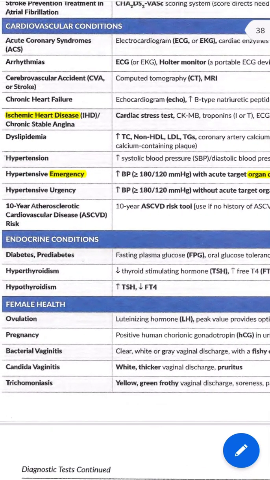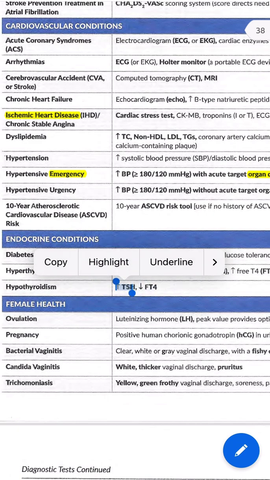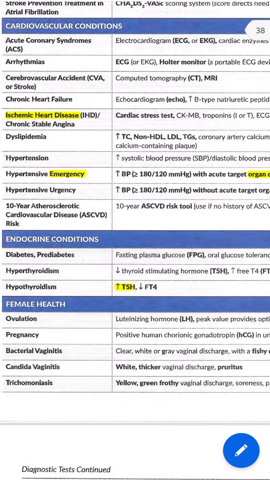For hypothyroidism, when you have hypothyroidism there's a negative feedback from the hypothalamus, so the TSH will be increased in the bloodstream, and free T4 will be decreased.